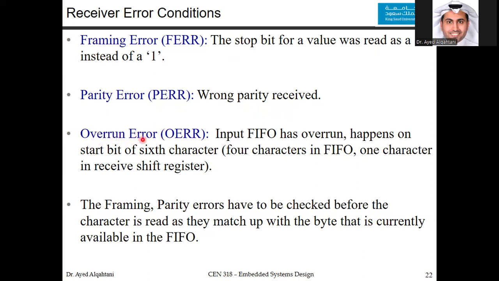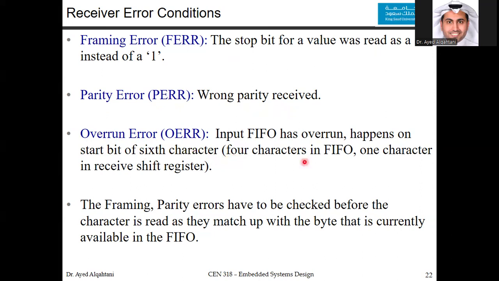The overrun error means that there is no place to receive the new frame, and usually if that happens, we drop the frame. When exactly does this happen? If the input FIFO has overrun, and this happens on the start bit of the 6th character. So you have, let's say, the 6th frame or the 6th character, same thing.